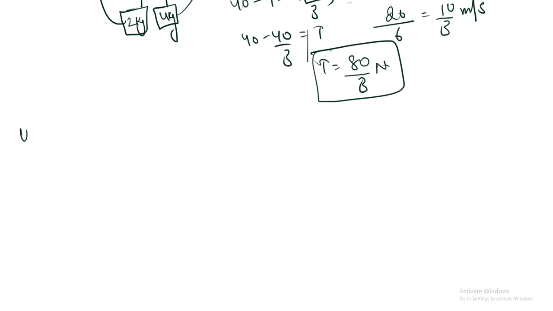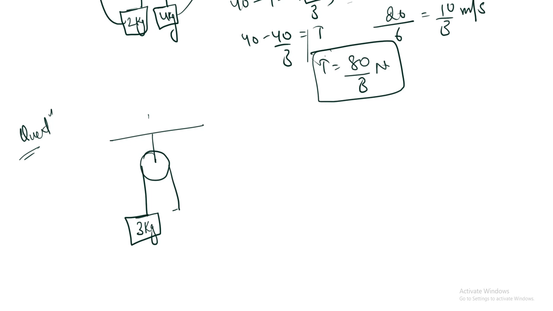Now take an example. We have to find it orally without using pen and paper. Consider this is 3 kgs and another block is 1 kg. What is the answer? 30 minus 10 is equal to 4a. Acceleration is 5 meter per second square.